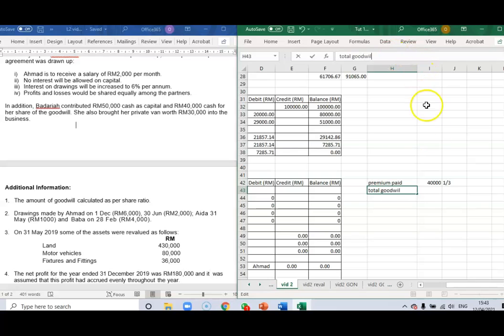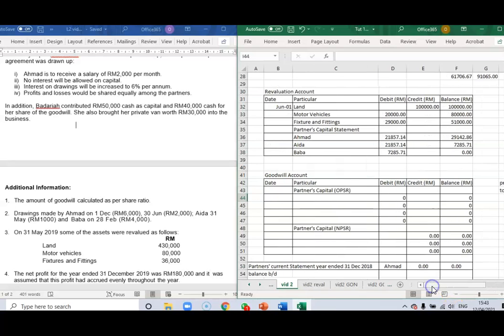So the total goodwill, the formula is, okay, the premium paid multiply with the total ratio, means that times 3 and divide by 1, because just now the ratio is 1/3, right? So times 3 divided by 1, so it's 120,000. So the total goodwill is 120,000.